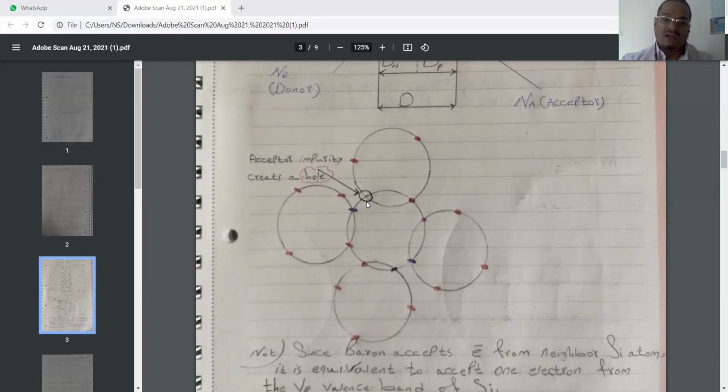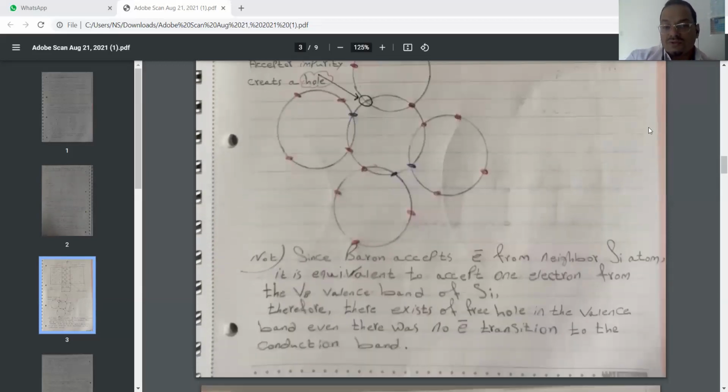After that, this boron will try to take an electron from another neighbor to complete this wall, to complete this overlap between the 4 electrons around it.